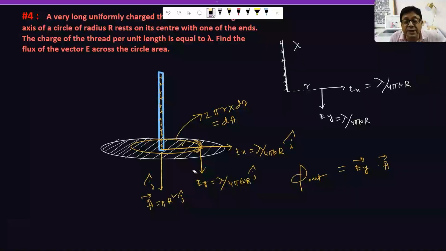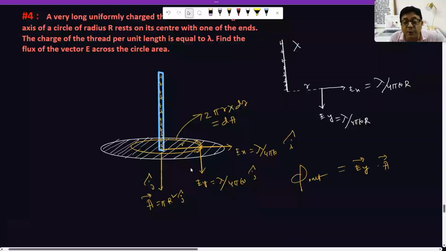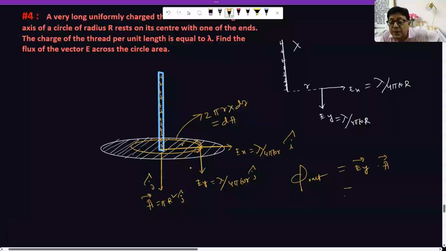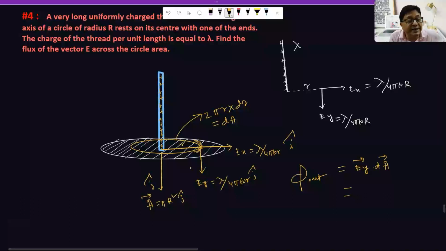But if you consider at a distance r, smaller, it will be lambda by 4 pi epsilon 0 r. So Ey into dA. Remember, dA is also a vector along the direction of j cap. dA vector is going to be 2 pi r dr into j cap.